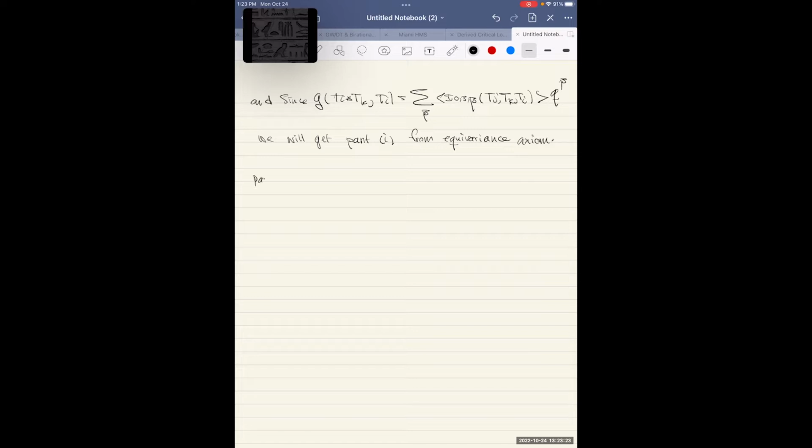Now for part 2, if I integrate the quantum product of A and B over X, that will be the same as integrating the fundamental class of X with A cross B. But that's exactly, by what we have seen before, G of T0 and A cross B, which is equal to G of T0 cross A and B, because we know that this quantum product is associative.